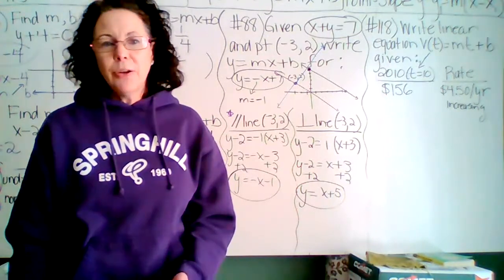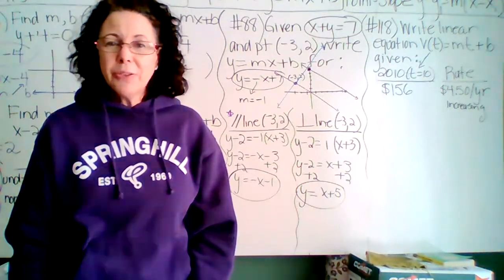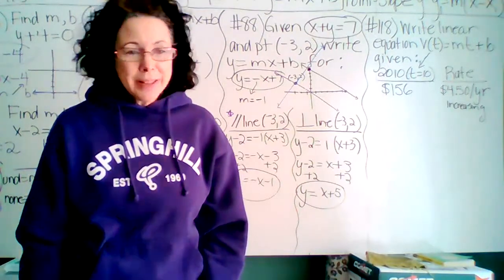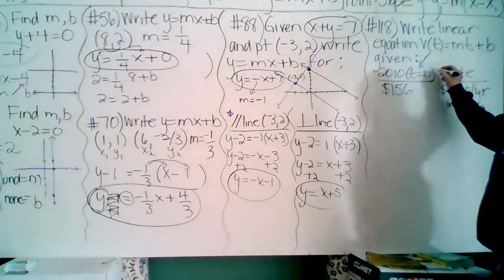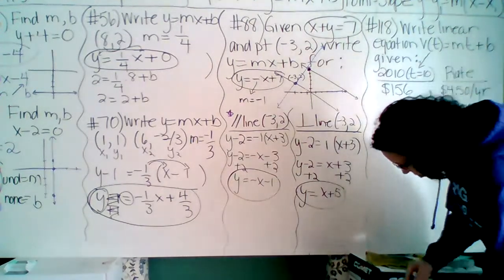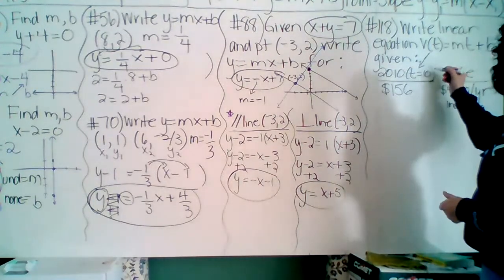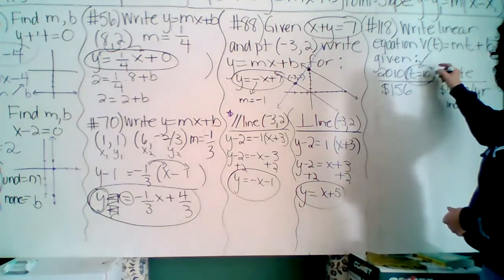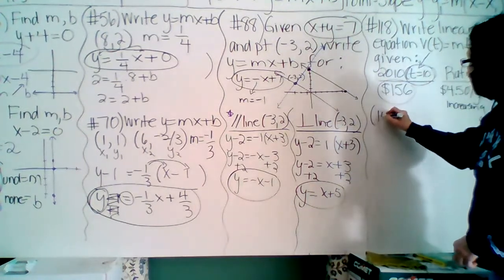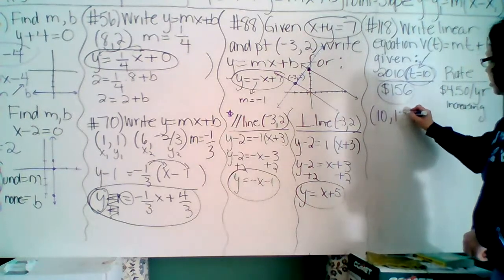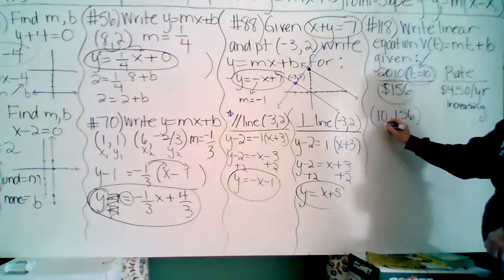Now, here's what I want you to know. You have everything you need actually to write the equation of a line, right? You have what they're trying to tell you here. I'll circle this in purple, is at a time of 10 that the value is 156. They just gave you 1 point in time.